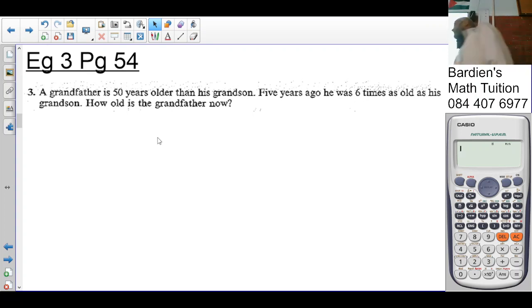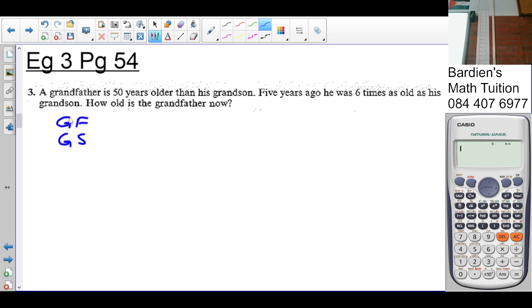So we normally let the smaller, or the younger, one be x. In this case, who's younger? The grandson.